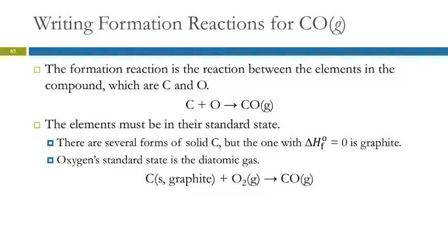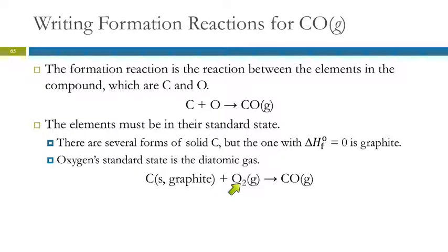So let's write the formation equation for carbon monoxide. So we've got carbon monoxide, CO, and we pick out the elements in there. There's carbon and there's oxygen. But these need to be in their standard states. If we're not sure what the standard state is, we can go look in the table and find the one whose heat of formation is 0. For carbon, the standard state is a solid, and it's the graphite form.